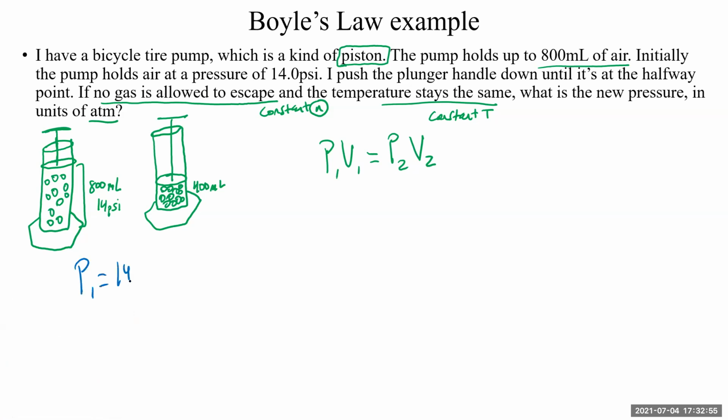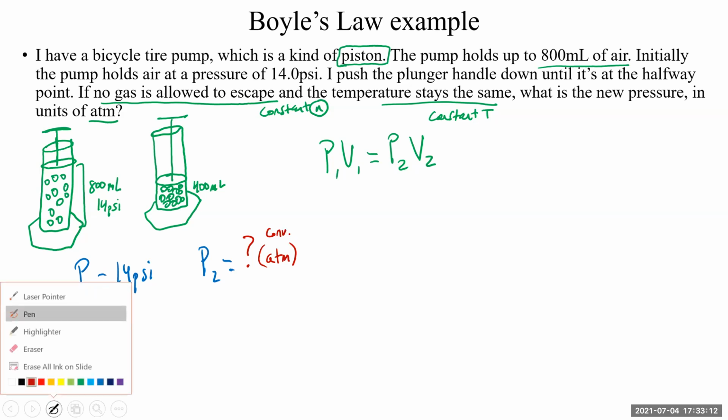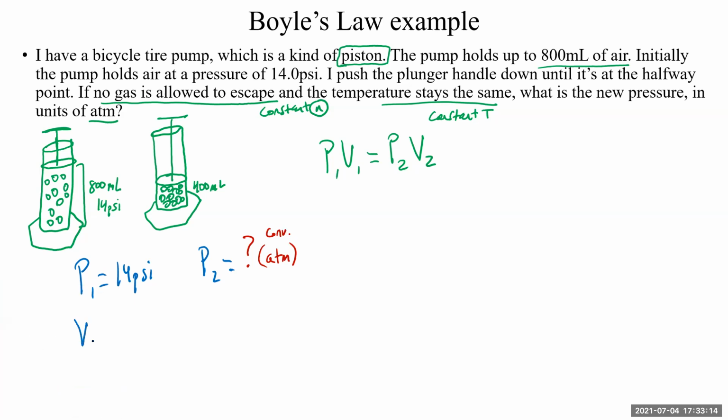Pressure 1 was 14 PSI. Pressure 2 was, well, we don't know. We're trying to figure it out. So pressure 2 is our unknown, but we want it in units of atmospheres, so we're going to have to do some converting at the end. We have our volume 1, which is 800 milliliters.